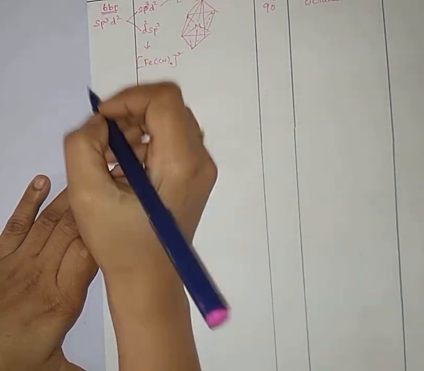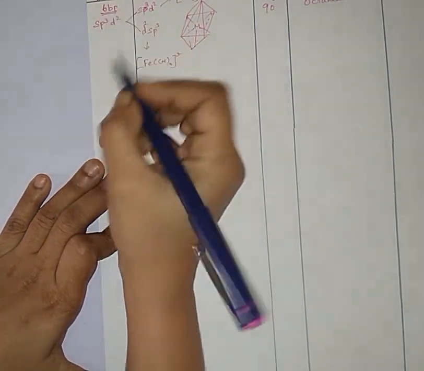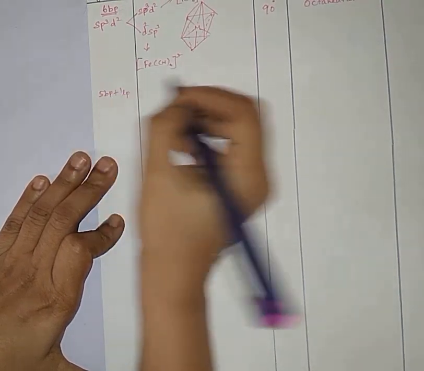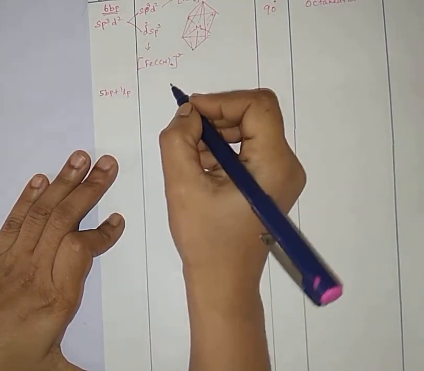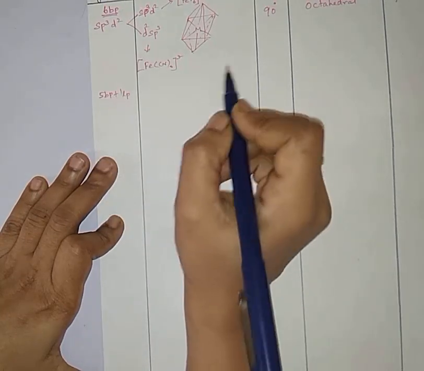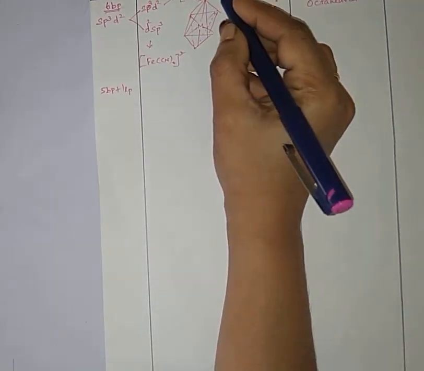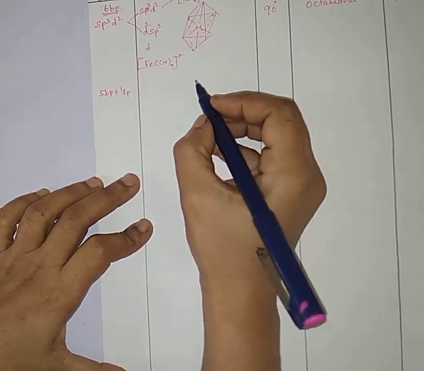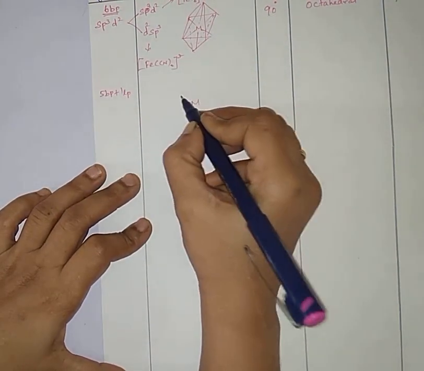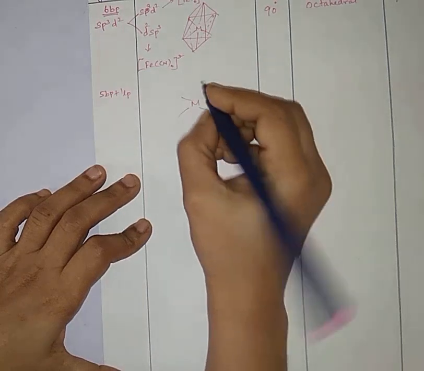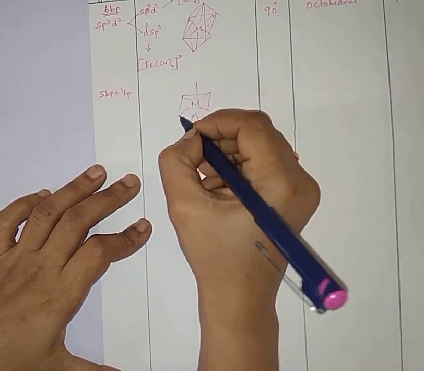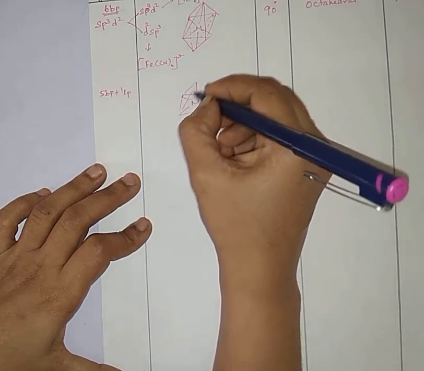Remaining everything is okay. Now I'm going to change this. Instead of 6 bond pairs, 5 bond pairs and 1 lone pair. The same sp3d2 only. 5 bond pairs and 1 lone pair. I'm going to make one a lone pair, whether here or here. Metal is there, 4 are there, 1 bond pair is there. So this will get joined and this will get joined.